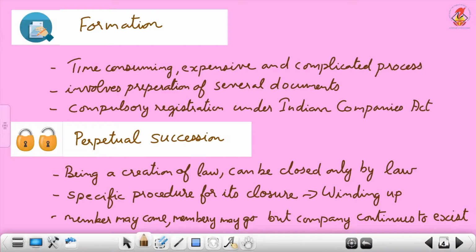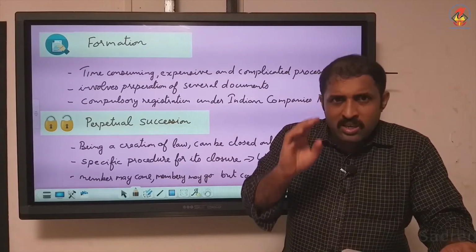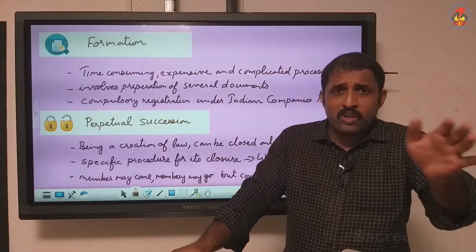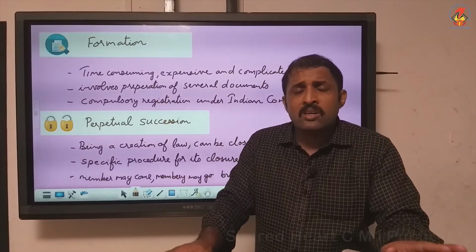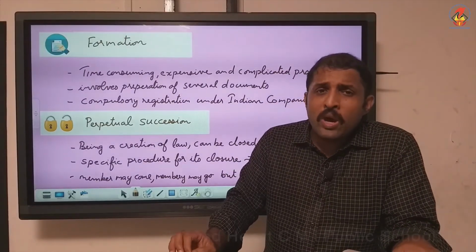Now, the next one is perpetual succession. Perpetual means continuous. Succession means it will continually be there. Because a joint stock company is that form of business organization which is brought into existence by law. That means only when it is registered under the Indian Companies Act and gets a certificate of incorporation and a certificate of commencement of business does a joint stock company come into existence.